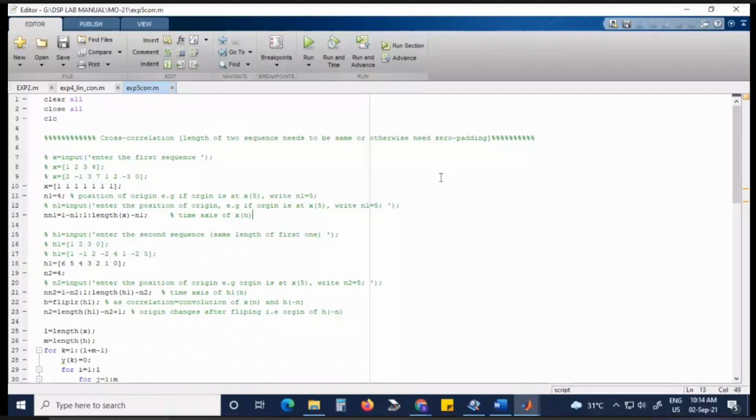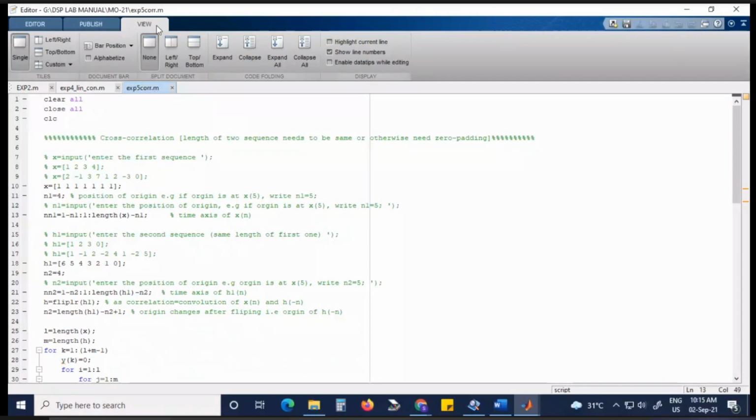...is opened. Is it visible? Yes, sir. Okay. But what is the view? View means if I want to expand, in larger view, zoom.